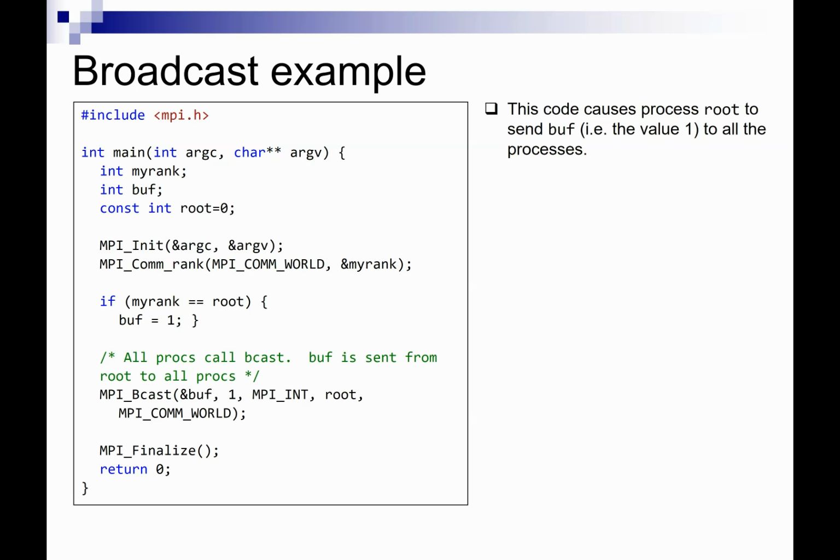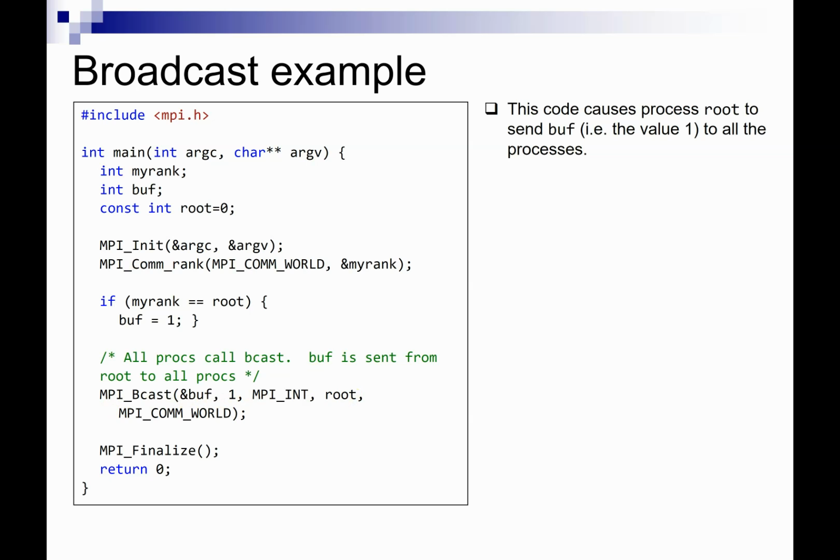So this is our code for doing that. We call MPI broadcast over here with this value of 1, and the source of the broadcast is the root node, 0. But since we're in the SPMD model, all of the other processes, including the non-root processes, are also going to be executing the exact same code.